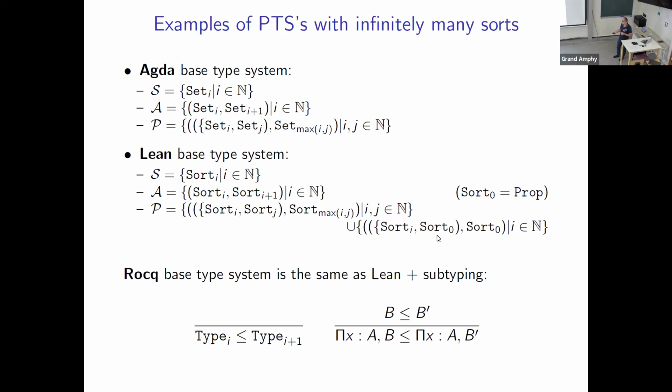What is the interest of this subtyping relation? It means that any object in some universe i is also an object in the next universe. If you don't have this, which is implicit, then you need to define some explicit function to move an element from one universe to the other.